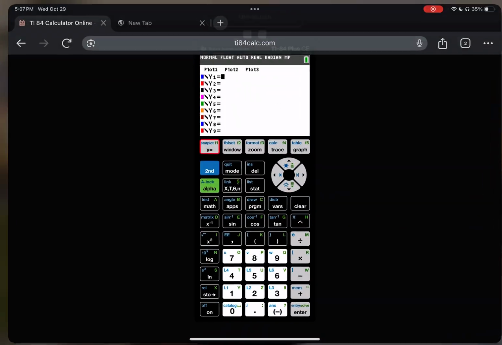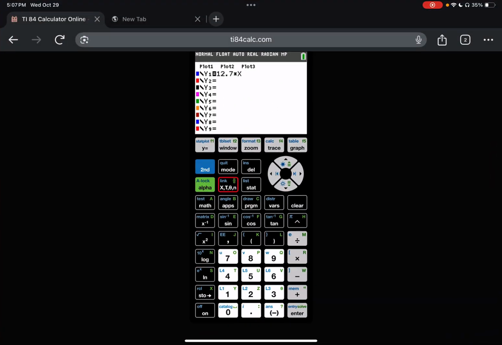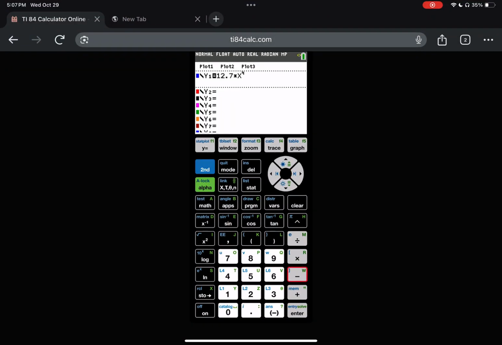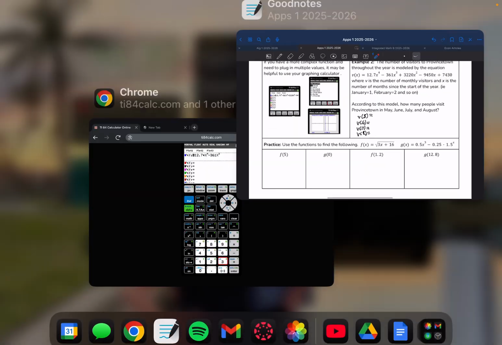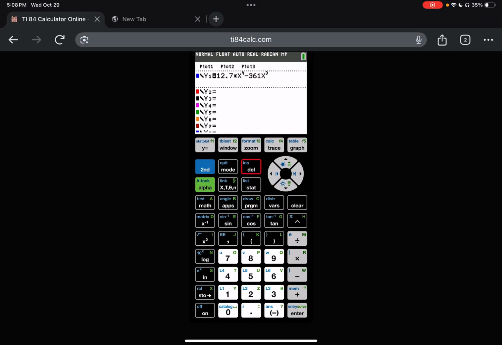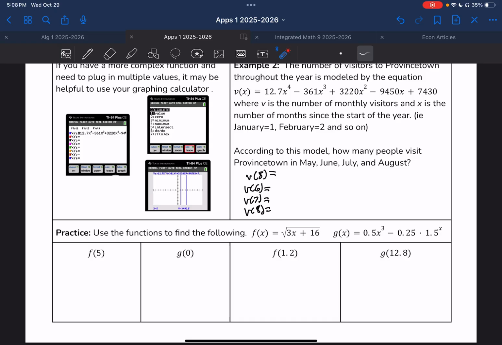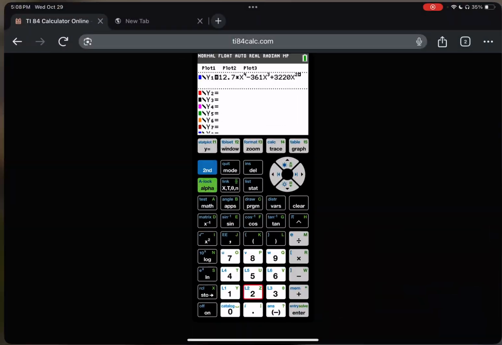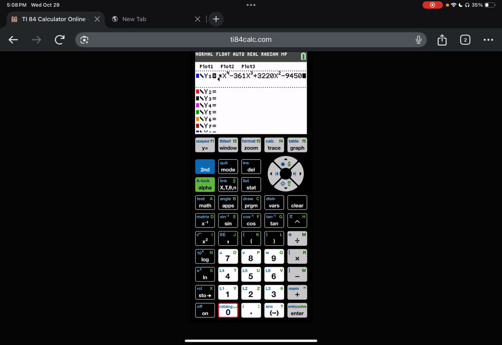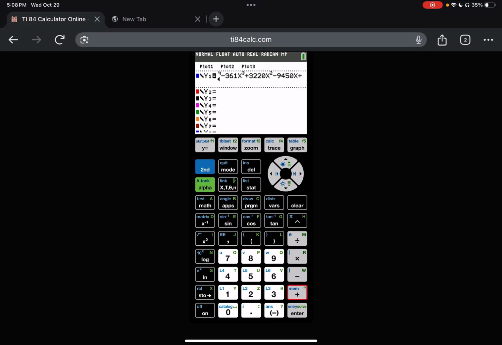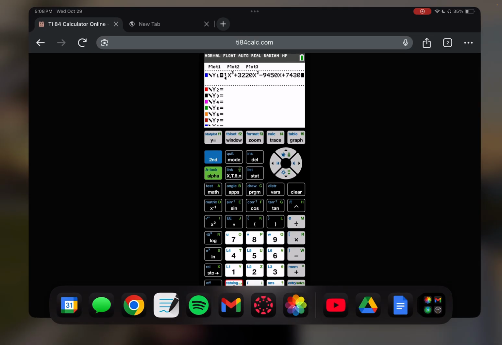So we can do 12.7 times x to the 4th, minus 361 x cubed, plus 3,220 x squared, minus 9,450x, and plus 7,430.